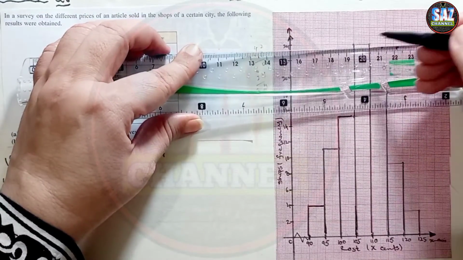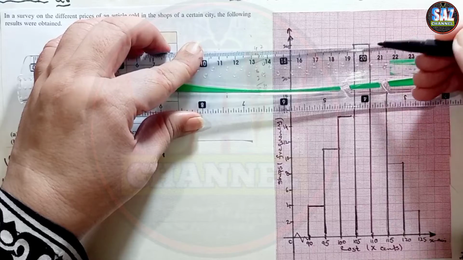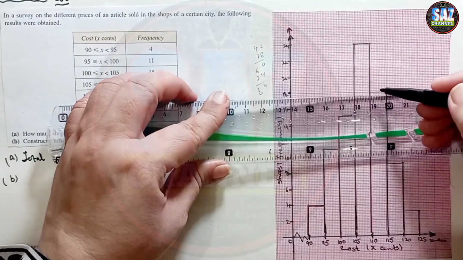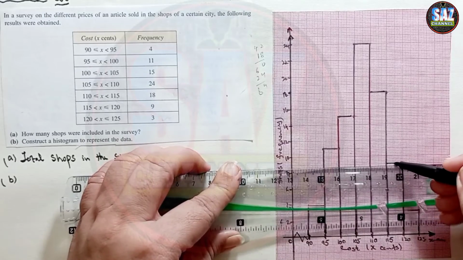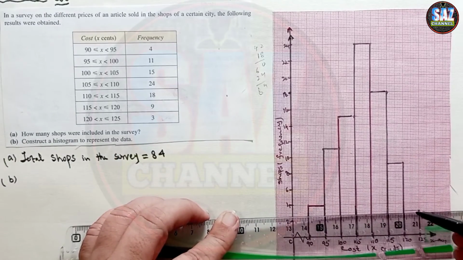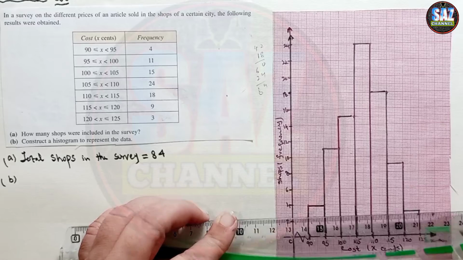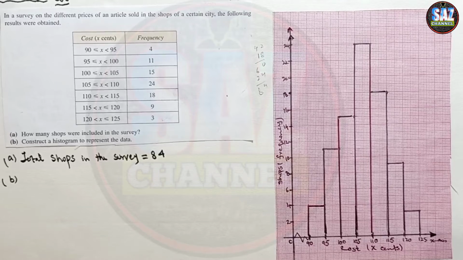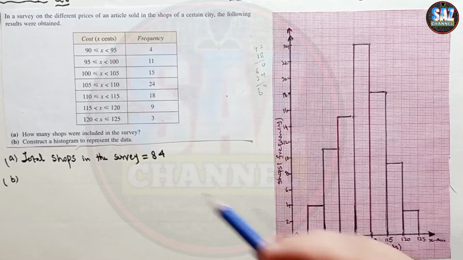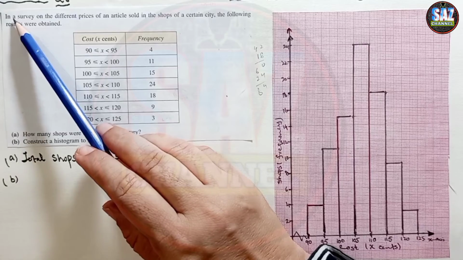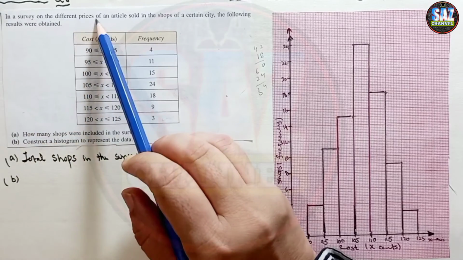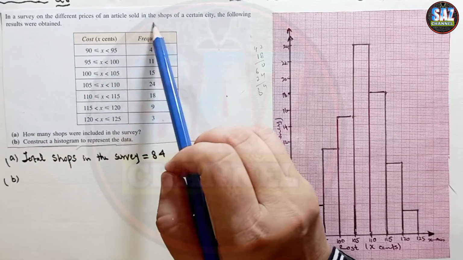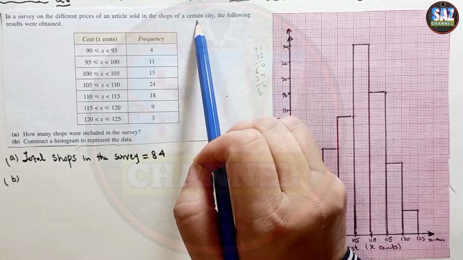Now think about what is left. You must label the axes properly, and you must decide the scale, and then what else? We are left with the title. Yes, we must write the title. So what will be the title? You can decide the title from the top line of the question: in a survey on different prices of an article sold in the shops of a certain city.